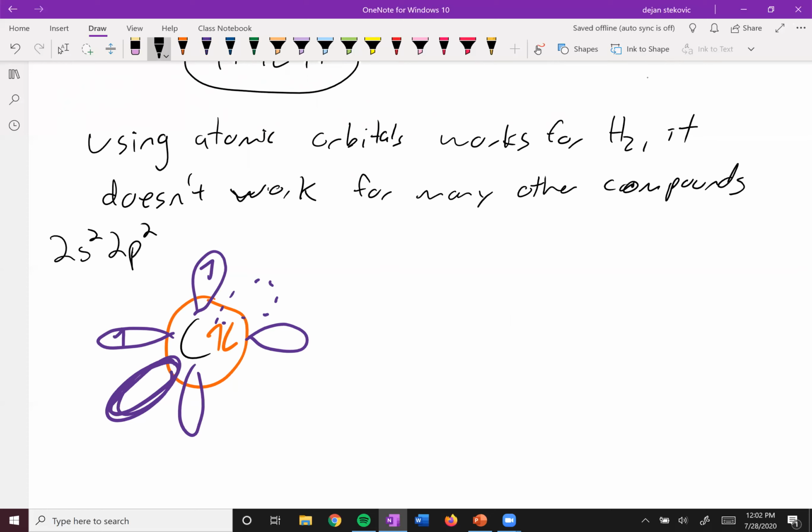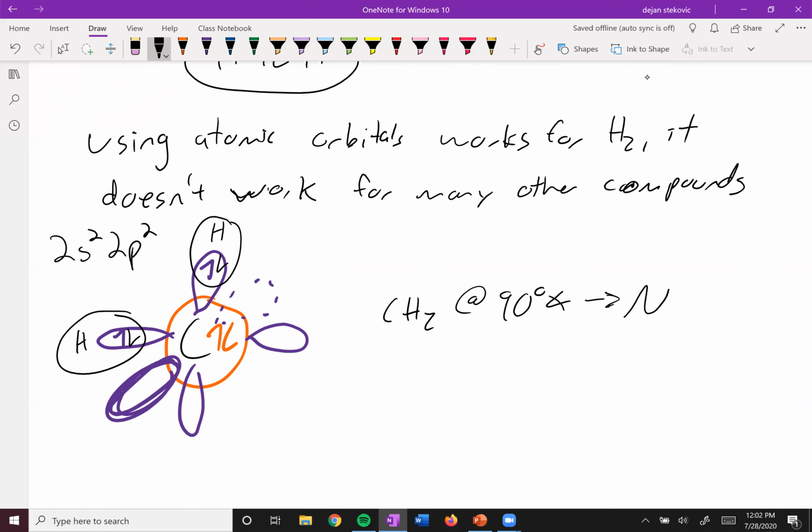When this interacts with hydrogen, what you would expect is to just have two interactions, right? So we can fill these orbitals. And so if you combine carbon and hydrogen, you might predict that you'll form CH2 at a 90-degree angle. And that's not true, right? This is not how CH2 exists.